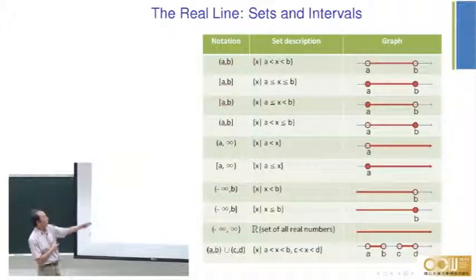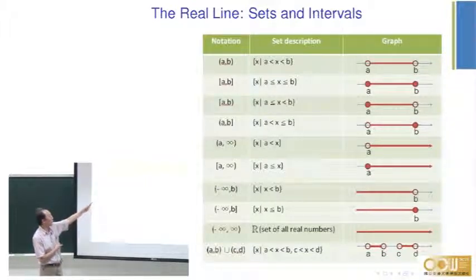For the graph, we put a and b on the real line and use open dots to represent that the endpoints are excluded from this set.